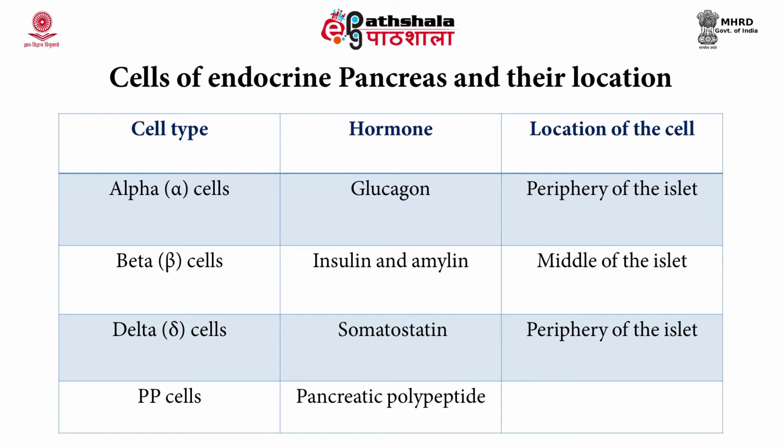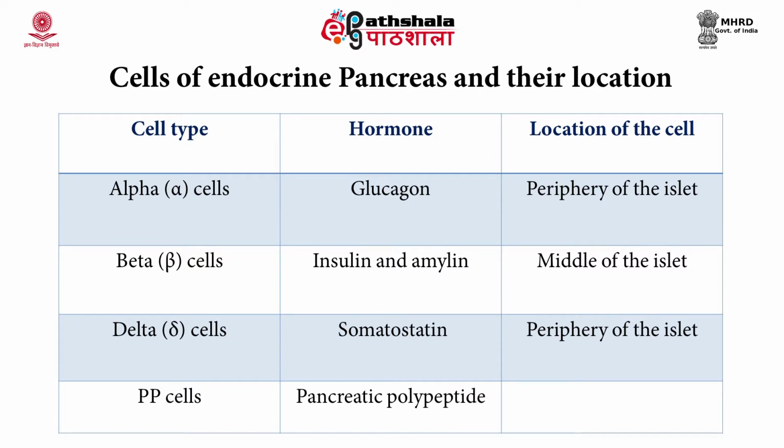The islet of Langerhans contains basically four different types of cells: the alpha cell, beta cell, delta cell and PP cell. The beta cells constitute about 60% of the total pancreatic cell population. They are situated in the center of the pancreatic islet, and they release insulin as well as amylin. The alpha cells make up 25% of the total pancreatic cell mass, and they secrete glucagon.